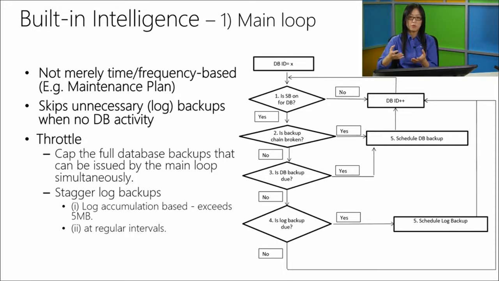Based on the log accumulation, to see whether there has been enough change. If there has never been a change applied to this database in the last 15 minutes, why take a backup? There is no data loss in that case, right? So we don't have to do it on the drum, and that offers a lot of opportunity to optimize.